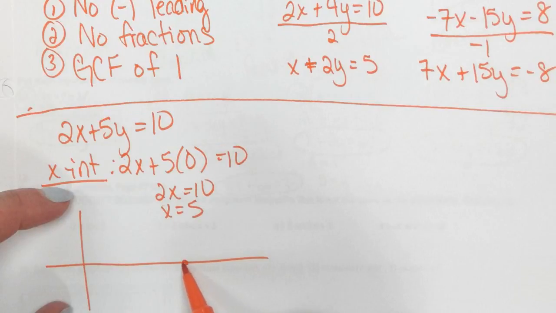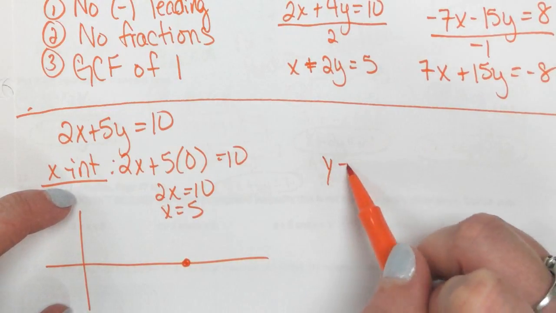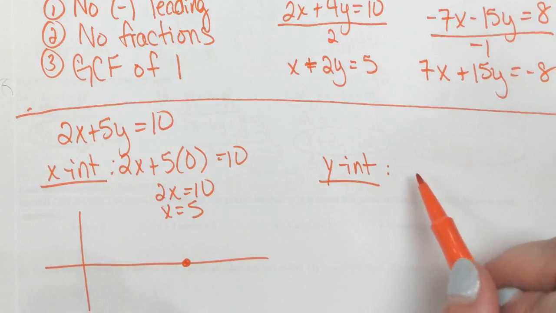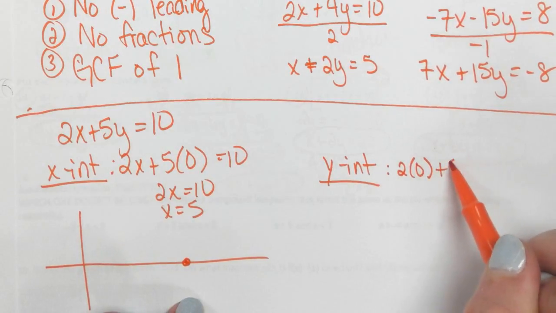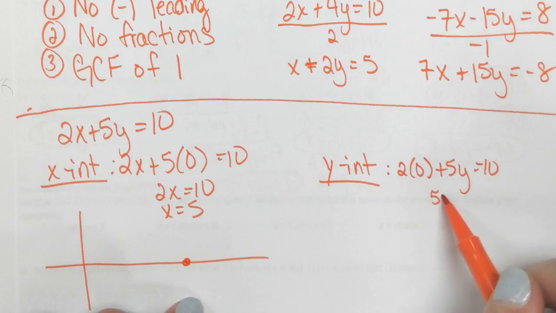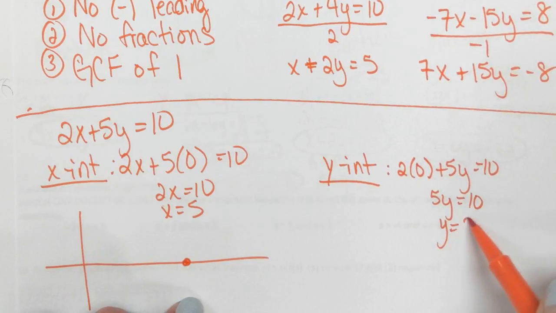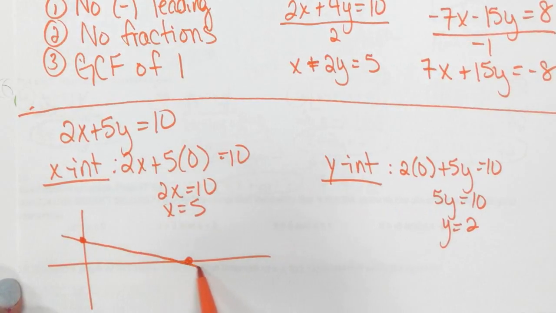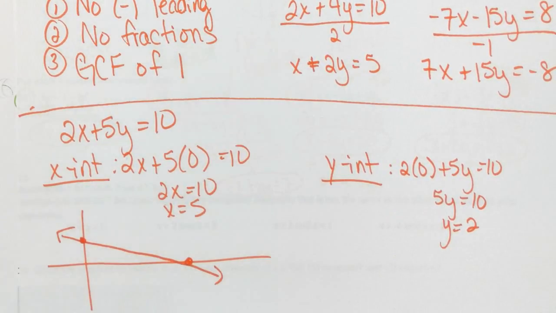So you go to the x-axis at 5 and put a dot. For the y-intercept, I need the y left. So you change that. So 4y equals 10... 5y equals 10 and y equals 2. So you go right here to 2 and boom. Anybody lost? Y'all okay for the quiz?